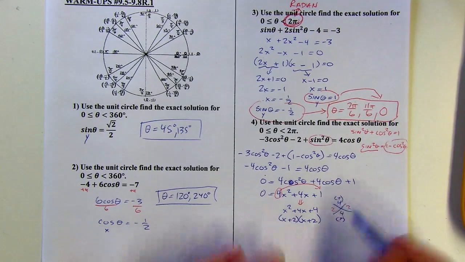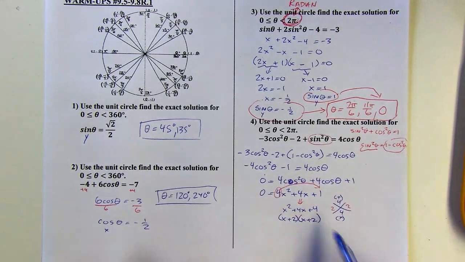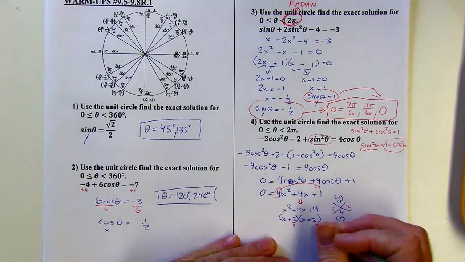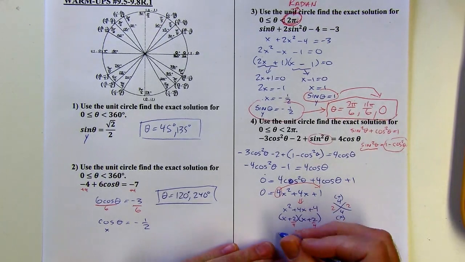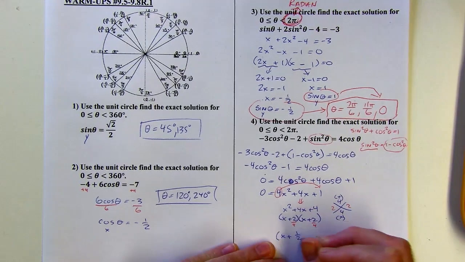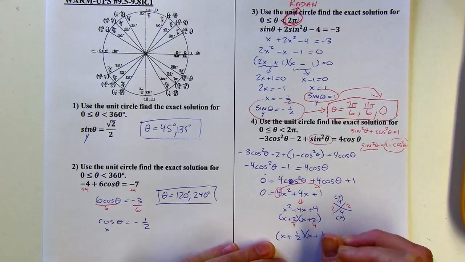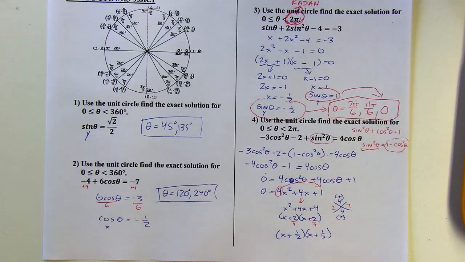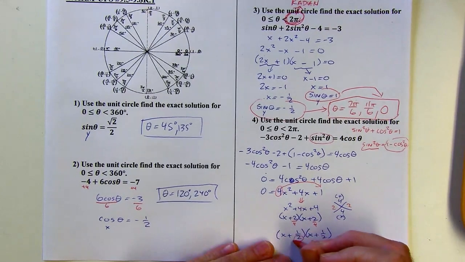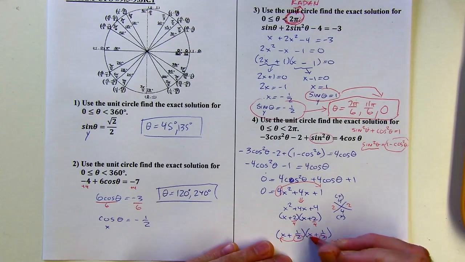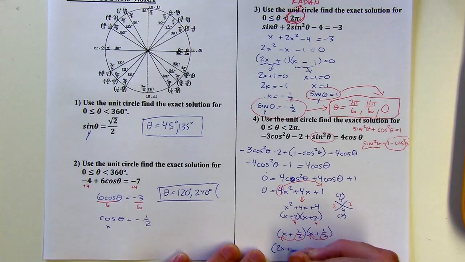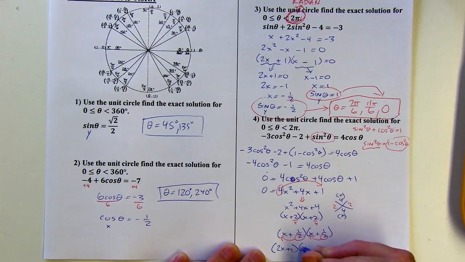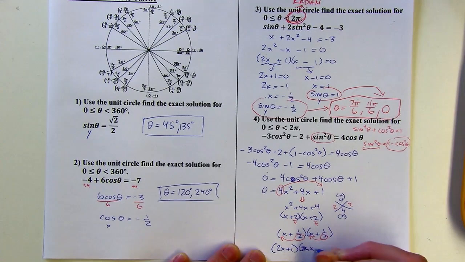Now since I modified this trinomial, I've got to modify my answer. In the beginning I multiplied by 4, so now let's divide the constants by 4, just the number bits. I'd want to reduce both of those as much as I can. And since I still have a fraction on both of these, I'd want to pull the denominator out in front of the x. So now I've got 2x plus 1 times 2x plus 1.